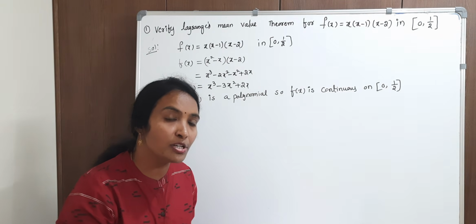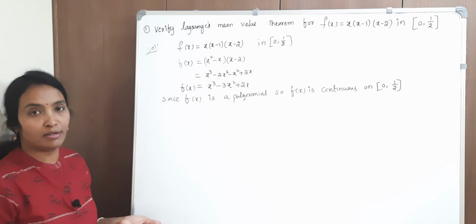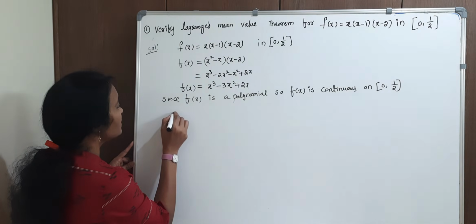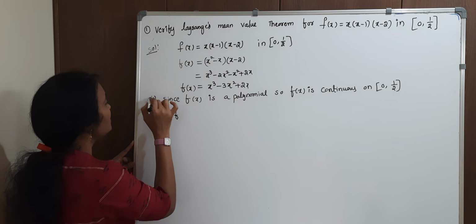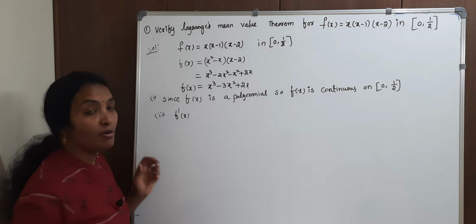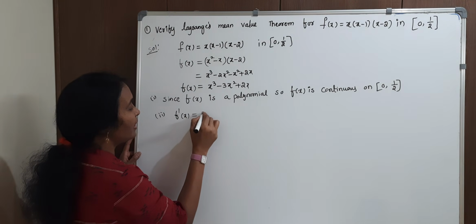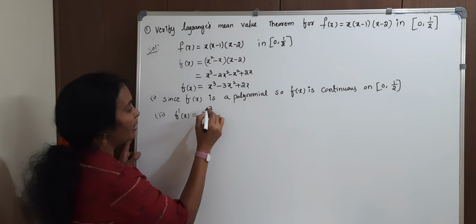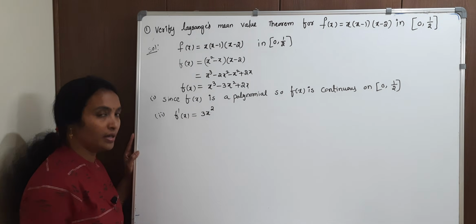When is it differentiable? If f dash x exists, then you can say that it is differentiable. That is the first condition, and it's done. The second condition is that f dash x exists. First you need to check the differentiation of this: x power n gives n into x power n minus 1, so 3 into x power 3 minus 1.